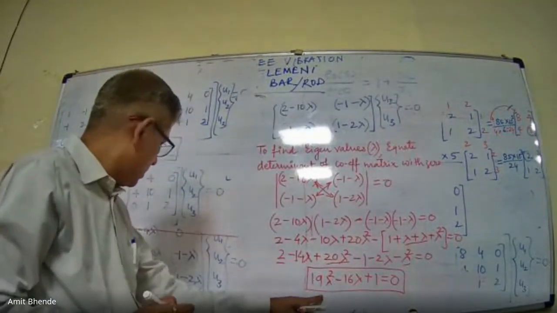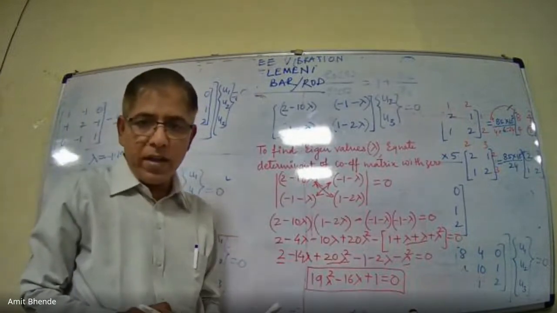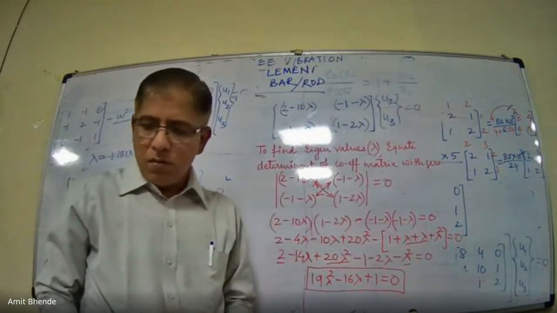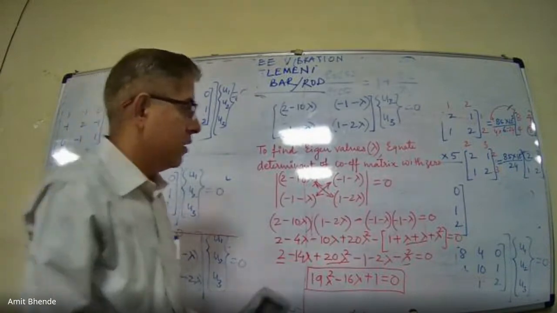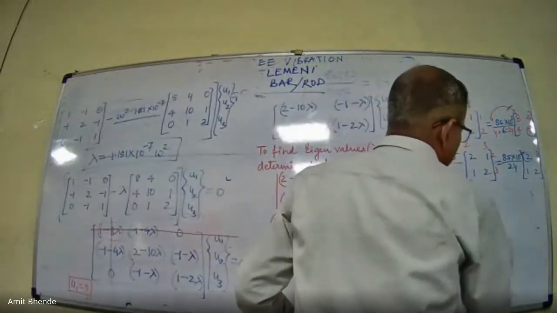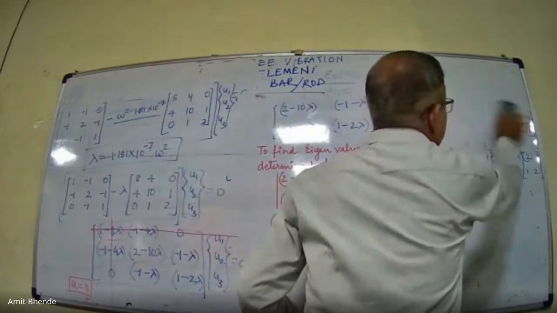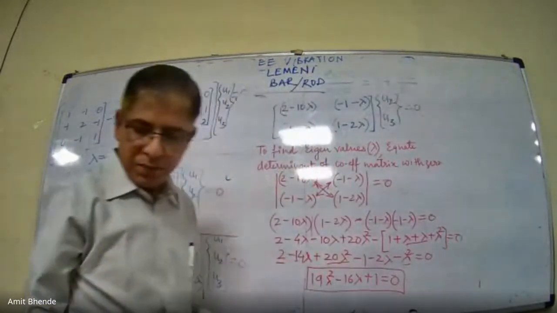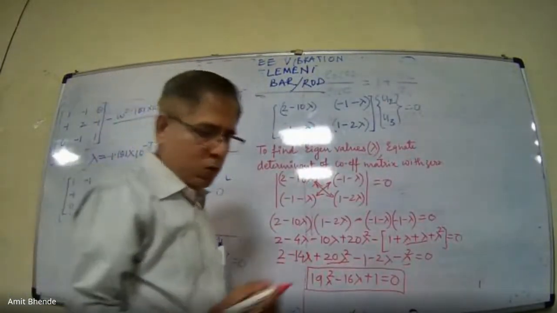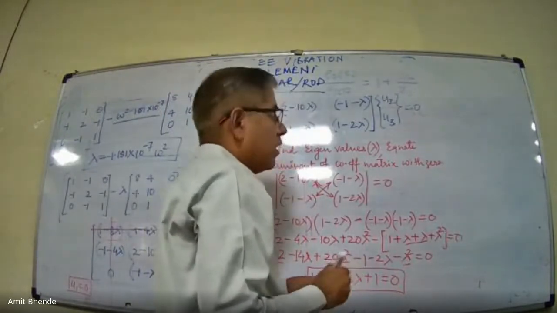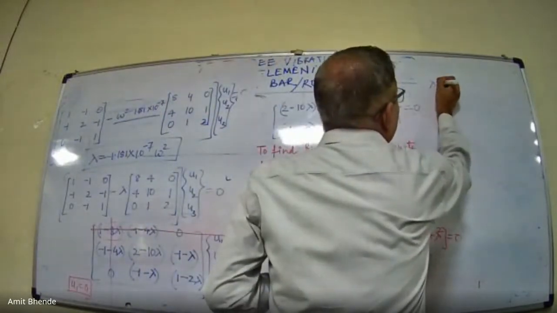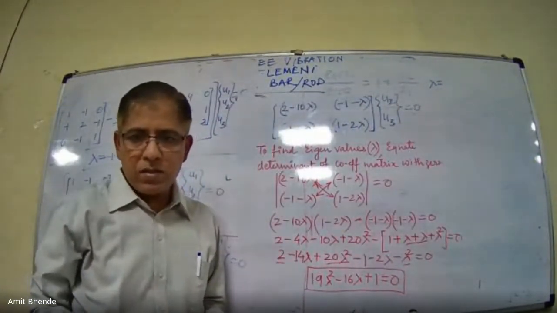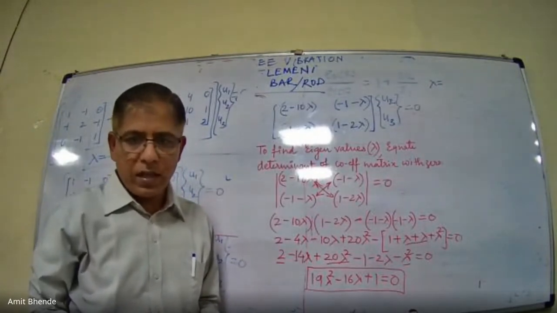And if you see this equation, this is a quadratic equation, and the roots of the quadratic equation can be easily found. So here we find the roots of this quadratic equation. Lambda is equal to minus b plus minus under root b square minus 4ac upon twice a.